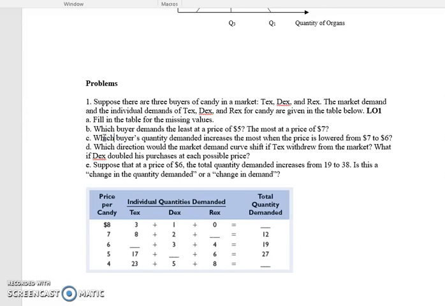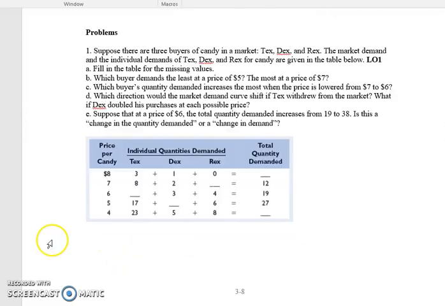What about part C? Which buyer's quantity demanded increases the most when price is lowered from 7 to 6? Let us see whose quantity demanded increased the most.